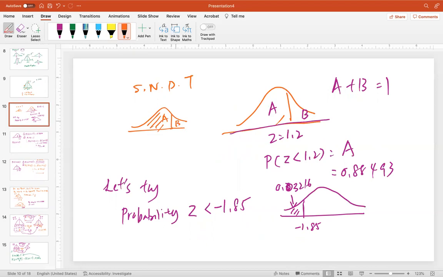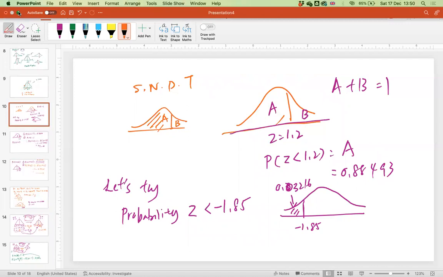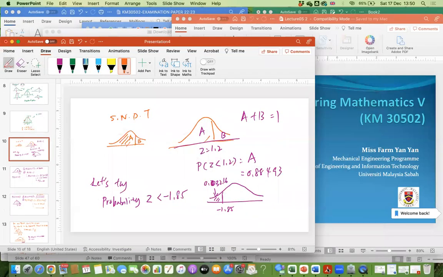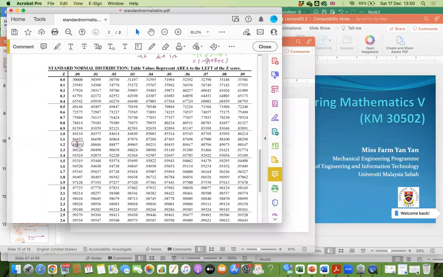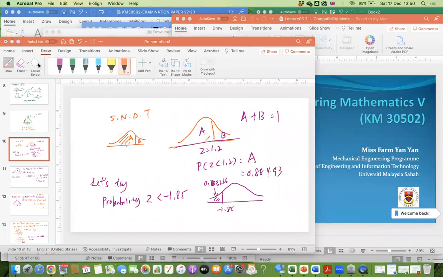Let's say your left side is A and B. A plus B always equals 1. If I want the z-score 1.2, P(Z smaller than 1.2) equals A. If you refer to the table and look at 1.2, you get 0.88493, which is the circled one.